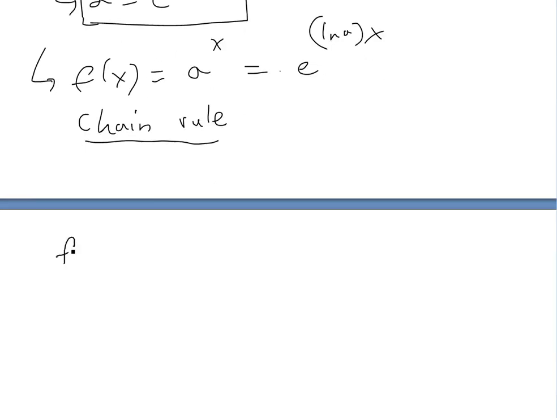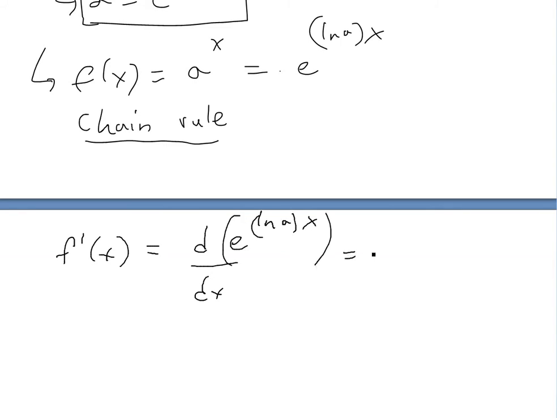So the derivative now, using the chain rule, is the derivative of the outside times the derivative of the inside. The derivative of e to the anything is itself, so it's e to the (ln a)x, times the derivative of the inside, d over dx of (ln a) times x.